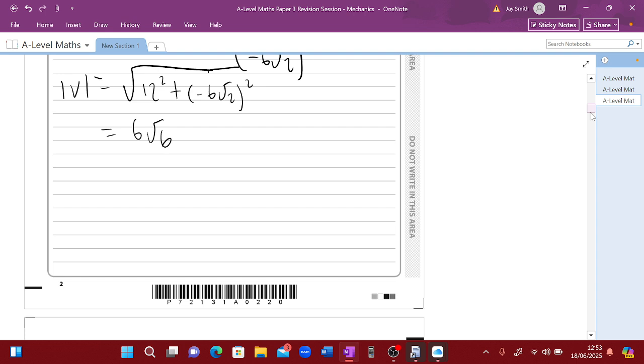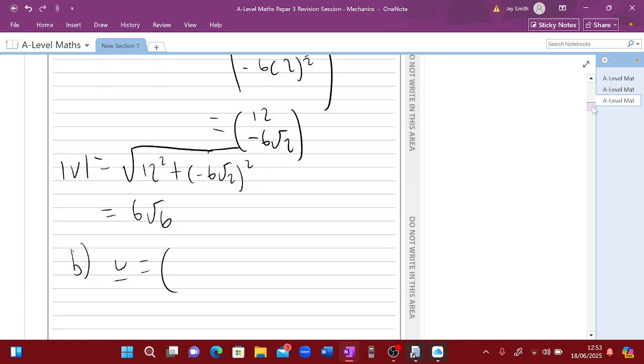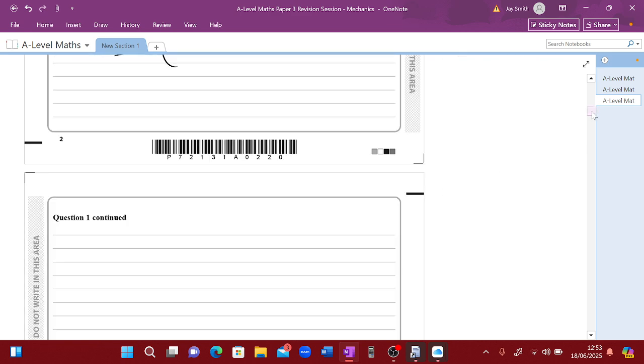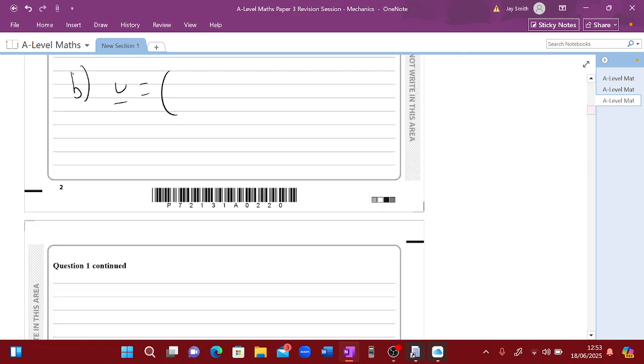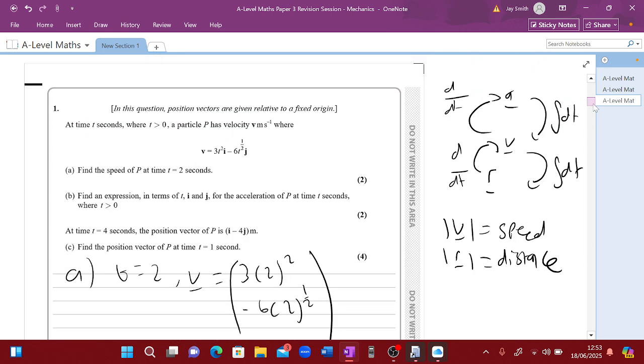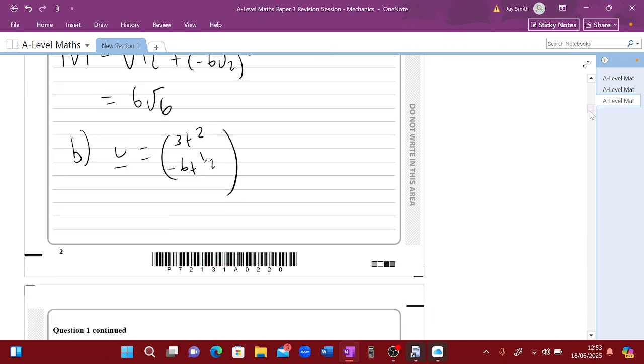So firstly, let's restate v in terms of t. v is, and again, I don't like this notation of i and j, so I'm going to say 3t squared and minus 6t to the half, was it? Let me check. Yes.